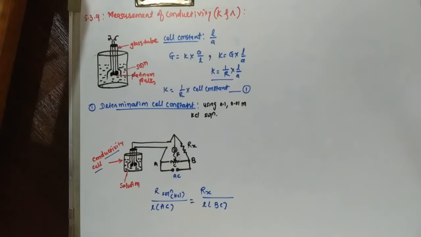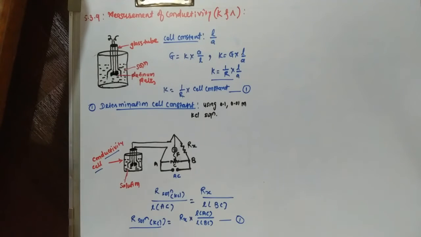From this we can write R of solution, the resistance of KCl solution, is equal to Rx into length of AC divided by length of BC. From this equation we can find out the resistance of KCl solution. Okay, this is equation number 1.